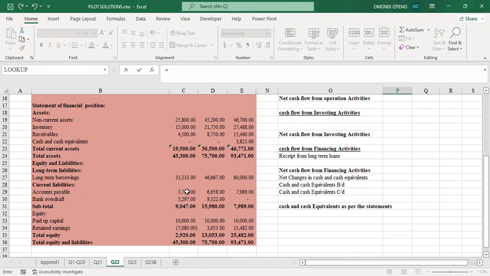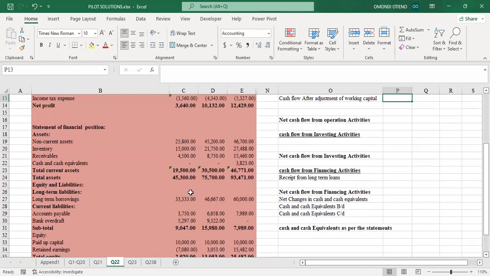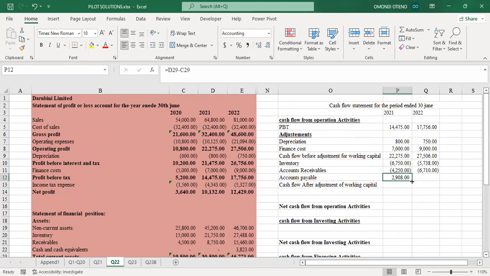That one will give us a positive value, which means it was cash inflow. We were given goods on credit. So having gotten those, we now get the cash flow after adjustments for working capital.